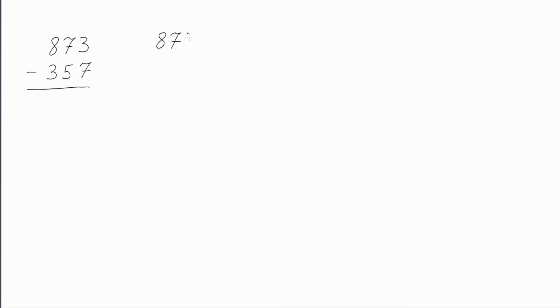First, we round 357 to 400 and subtract 400 from 873, and we get 473. Now, we need to find the difference between 400 and 357, and then add it back to 473.